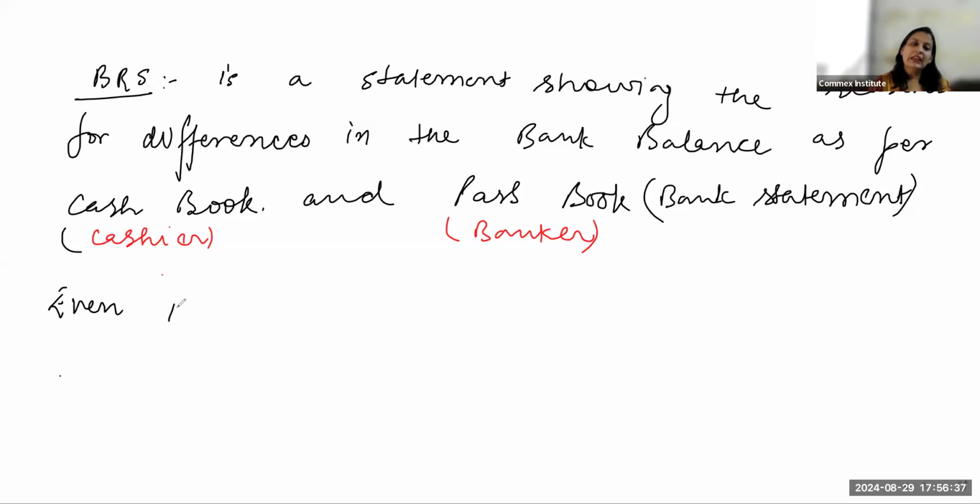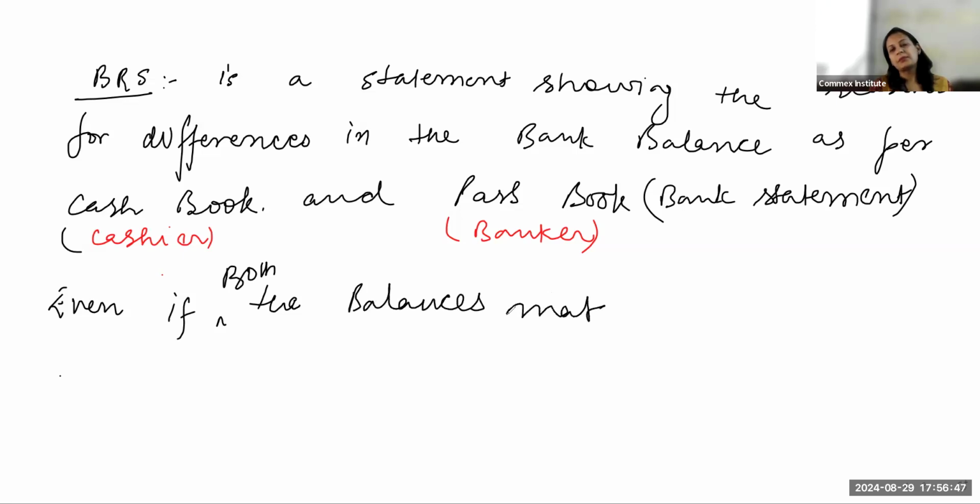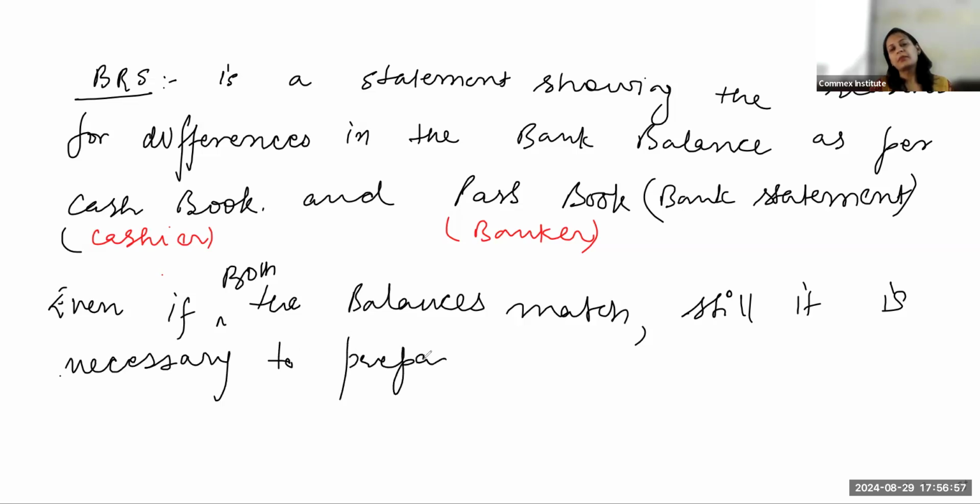Write one more line. Even if both the balances match, still it is necessary to prepare BRS. Still there can be some errors, some mistakes, or some differences which are compensated by each other.